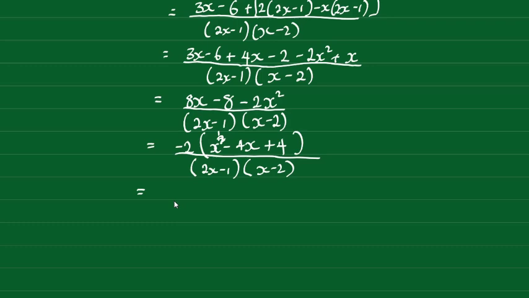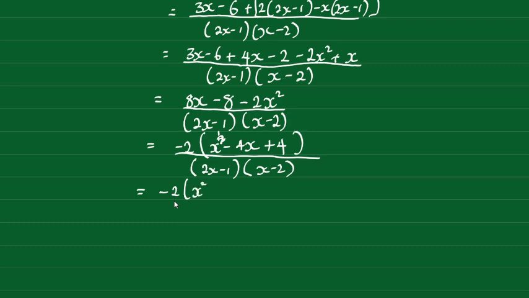Now, -2 and -2 are the factors we're looking for, because -2 times -2 gives us +4, while -2 plus -2 gives us -4.